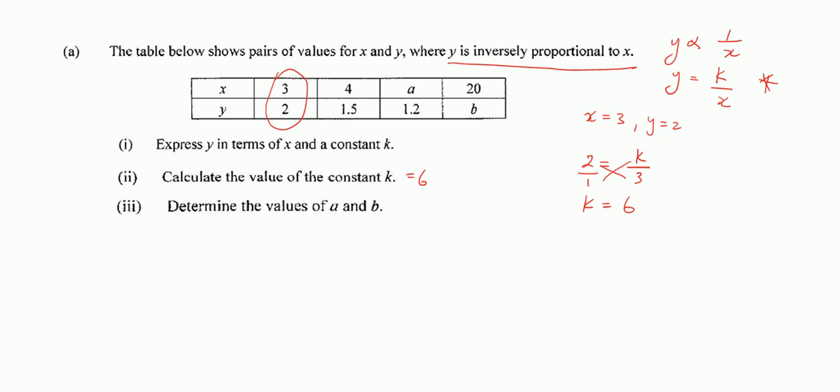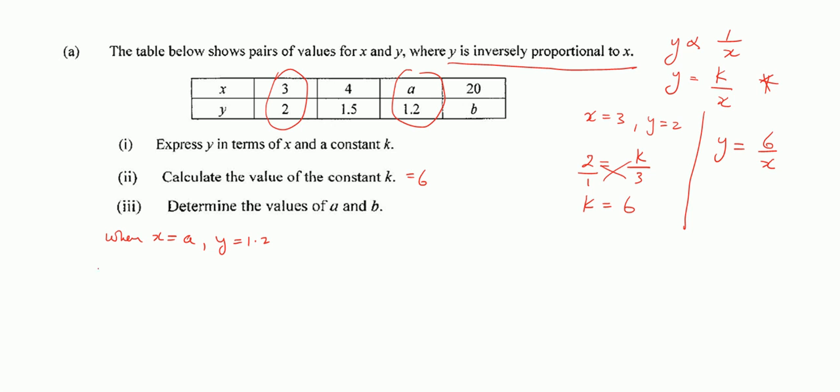Next part is to find the values of a and b. We know that when x is equal to a, y is equal to 1.2. Since we know k is equal to 6, our actual equation, or the relationship, is y is equal to 6 over x. So we substitute x is equal to a and y is equal to 1.2 into our equation.